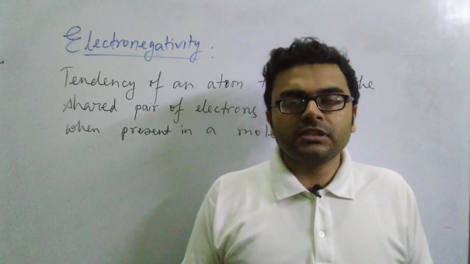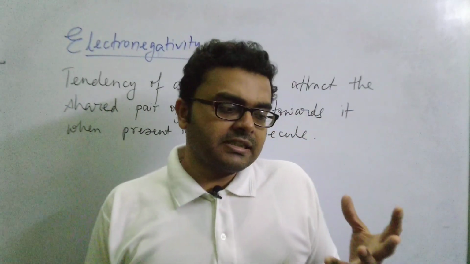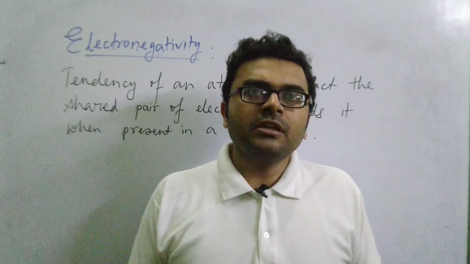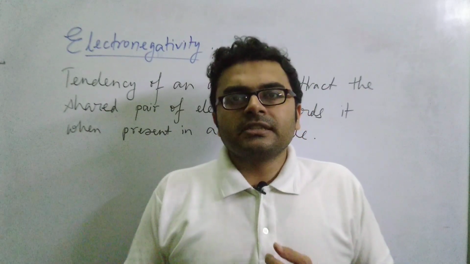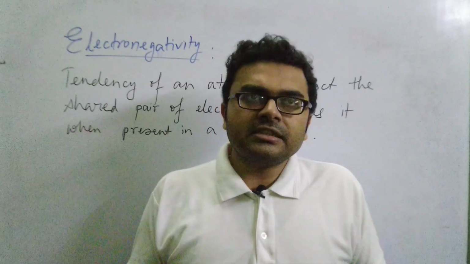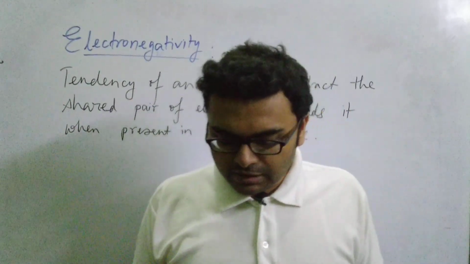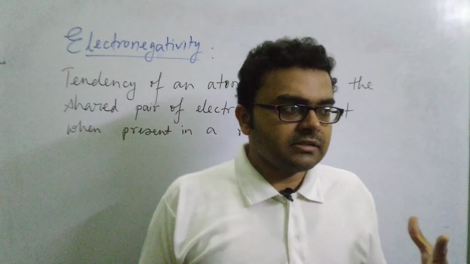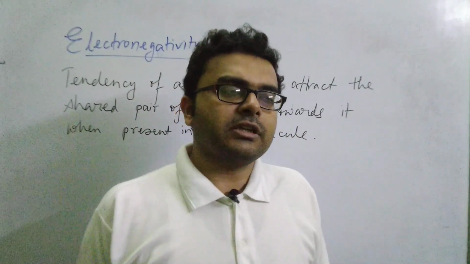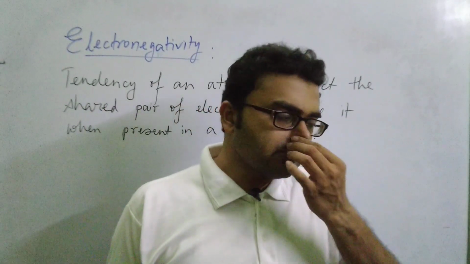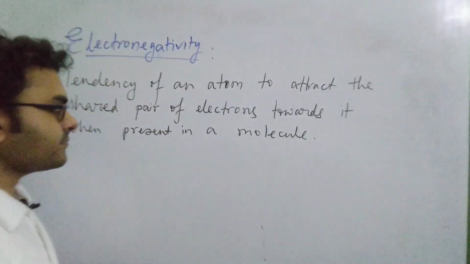We will not be discussing those in today's class; we will rather discuss them in a separate class. For now, just understand this basic thing: it is the tendency of the atom to attract the shared pair of electrons towards itself. Likewise, oxygen has a greater tendency to attract the electrons than the hydrogen atoms. Okay, so this is electronegativity.